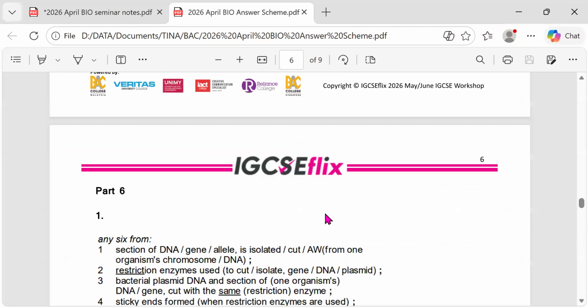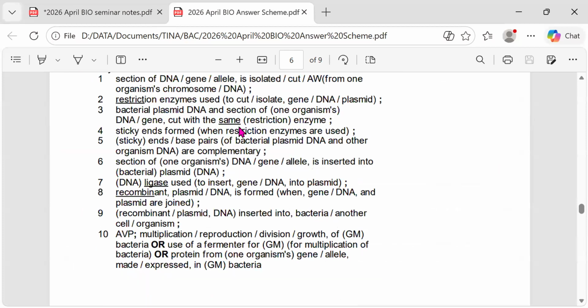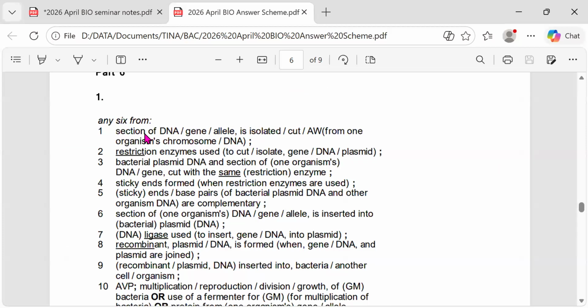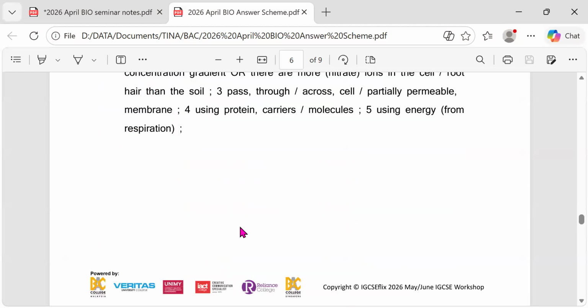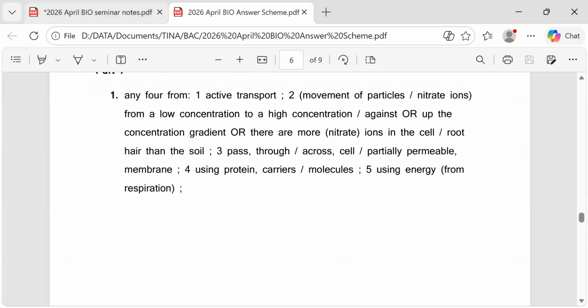So first you cut out the part of the plasmid of bacteria using restriction enzyme.